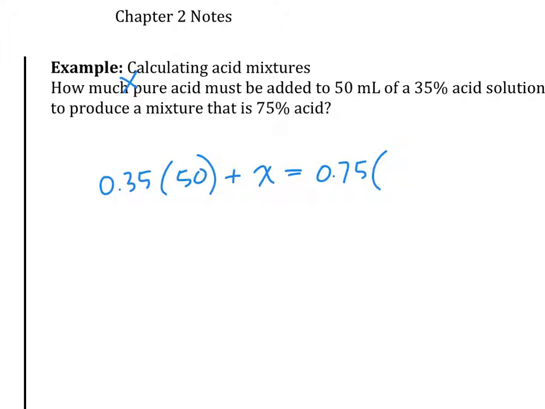The question is how much quantity? Yes, 50 plus x. You have the 50 milliliters you start with, and then x amount that you're going to add. All right, so now you need to solve this. So the answer is 80.